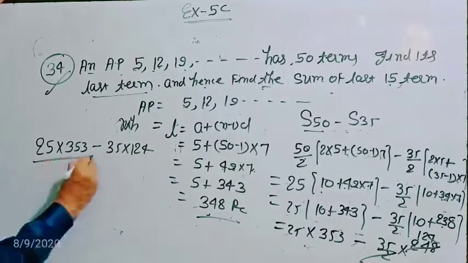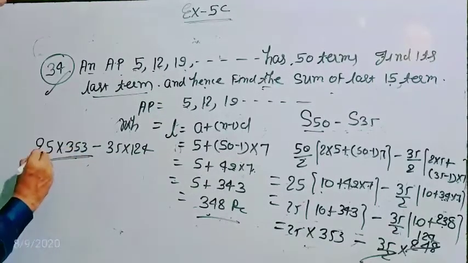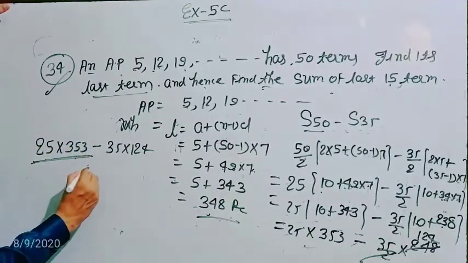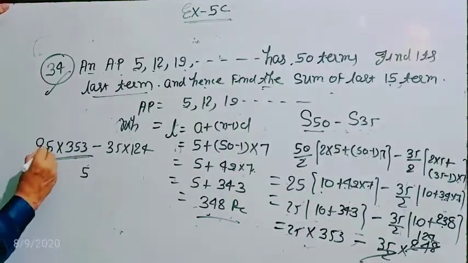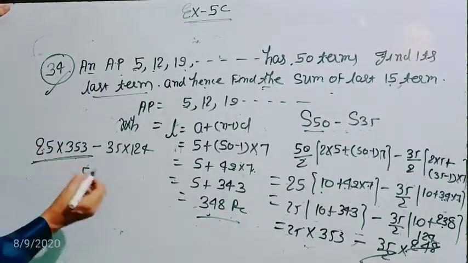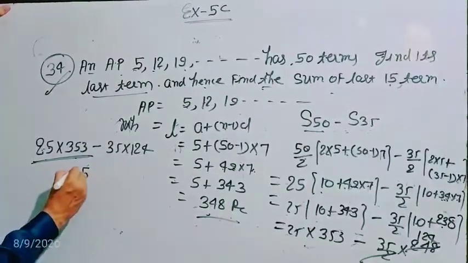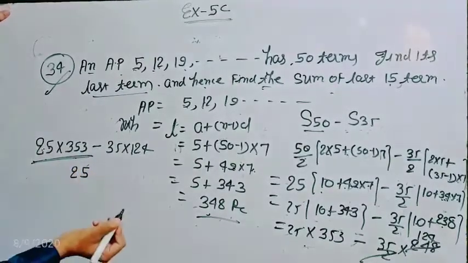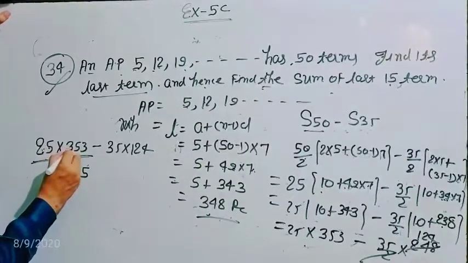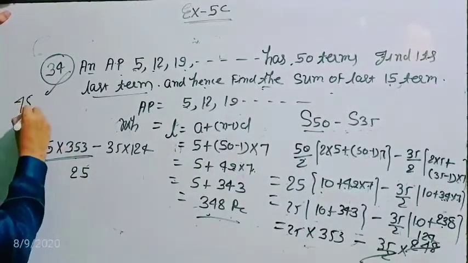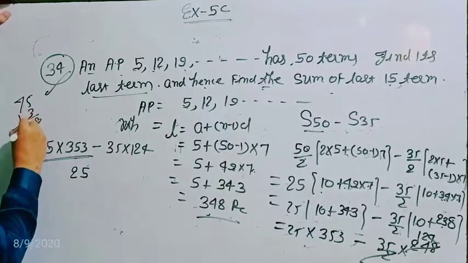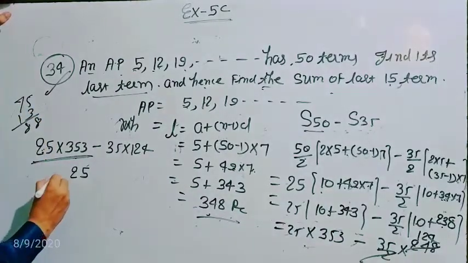So dear student, you multiply here: 25 3s are 75, then 5 carry 7, 25 5s are 125 and 7 is 132, 2 carry 30, 25 3s are 75 and 13, 75 plus 30 is 88.